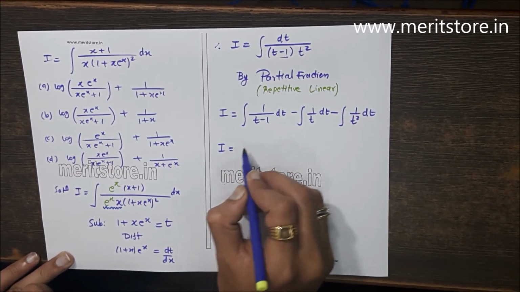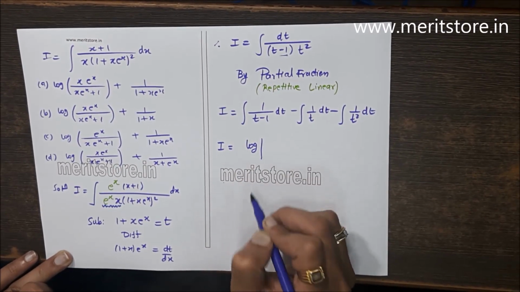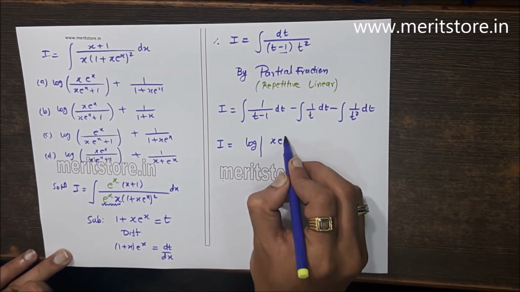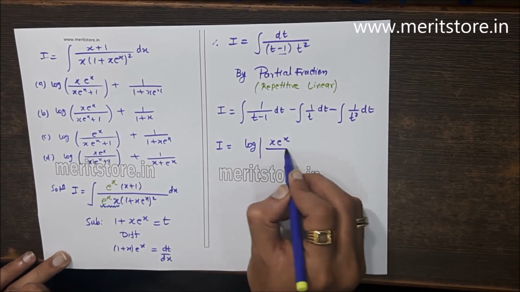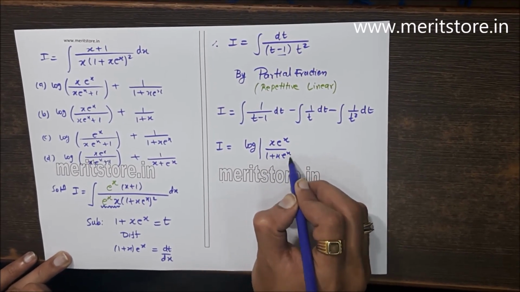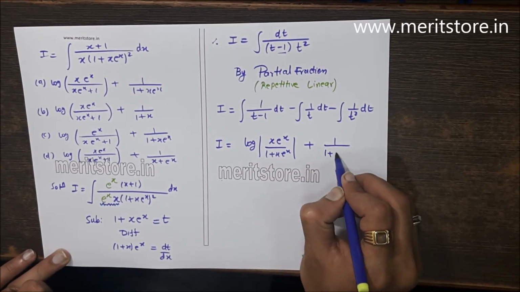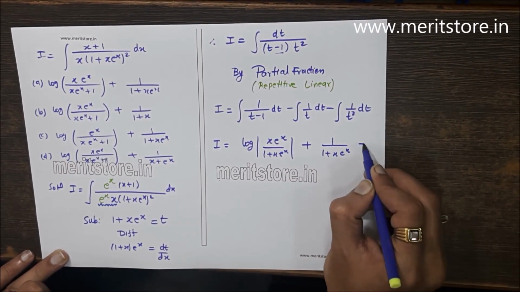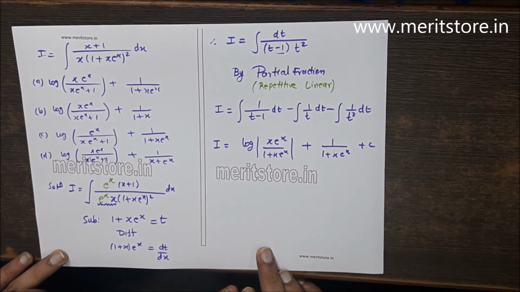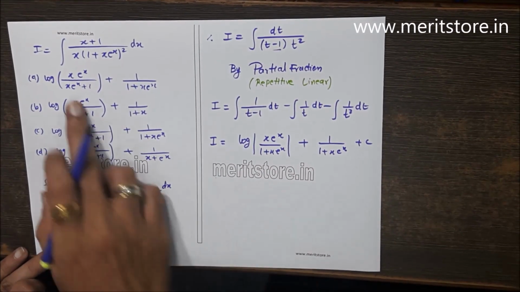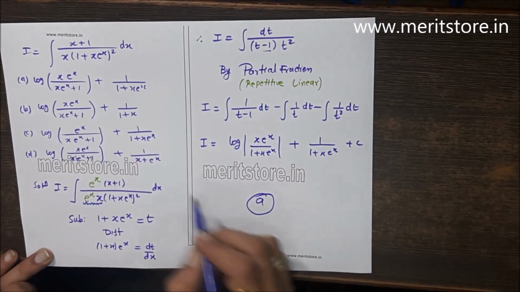On integrating, my final answer would be log mod x e raised to x upon 1 plus x e raised to x plus 1 upon 1 plus x e raised to x plus c, which is my option A.